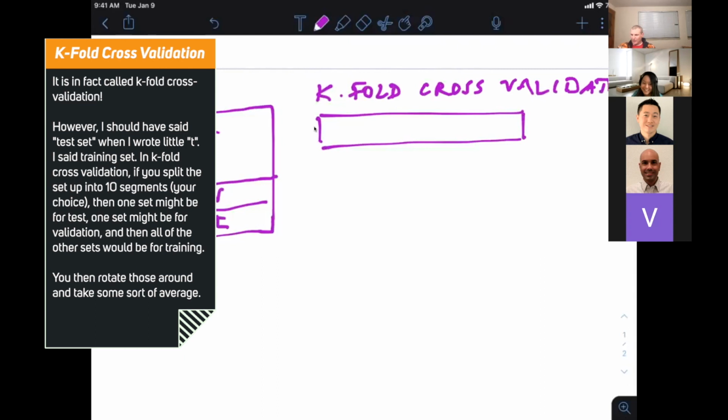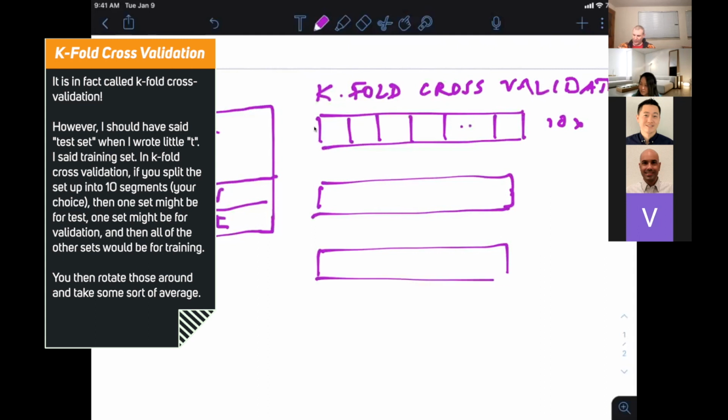It is basically you break the data set up into, let's say like 10 of these, right? And then you essentially run this 10 times or some number of times, where the first time you run it, you might pick this as your validation and this as your training set.